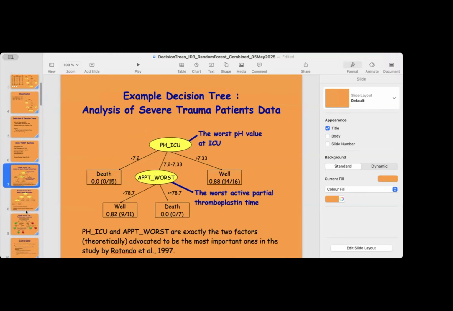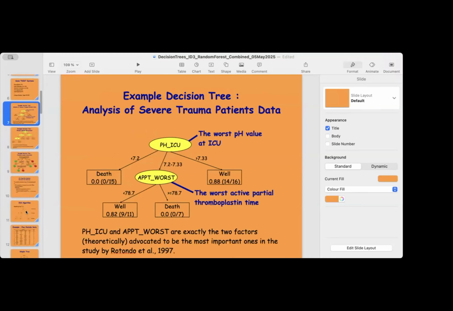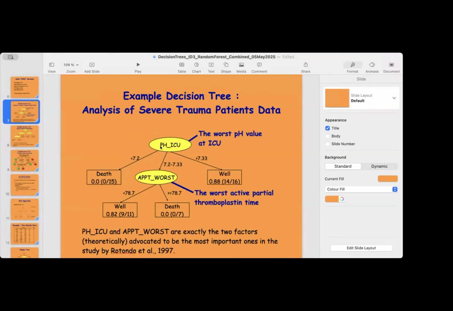Here are some more real world medical data decision trees that tell us if a patient is going to survive after a severe trauma. So here are some medical exams. They had severe trauma. If the medical exam that's on the top here has a value less than 7.2, then the patient is going to die.